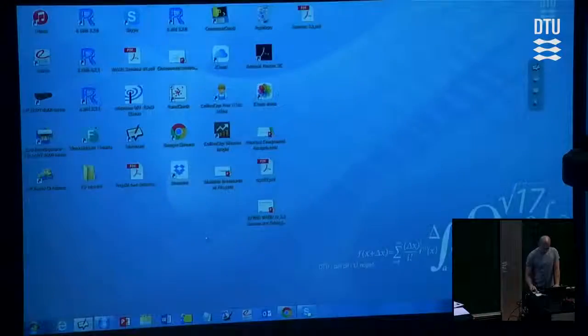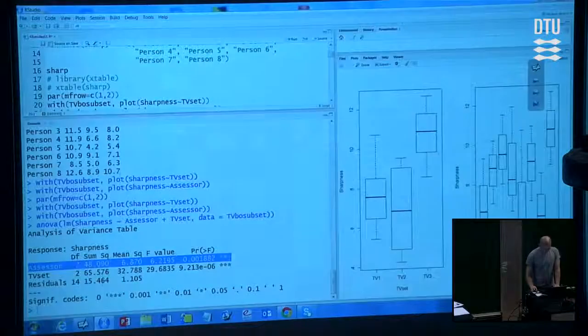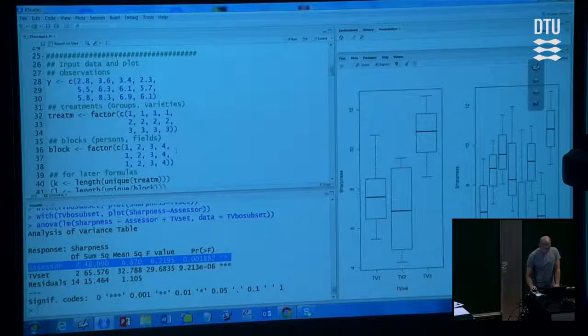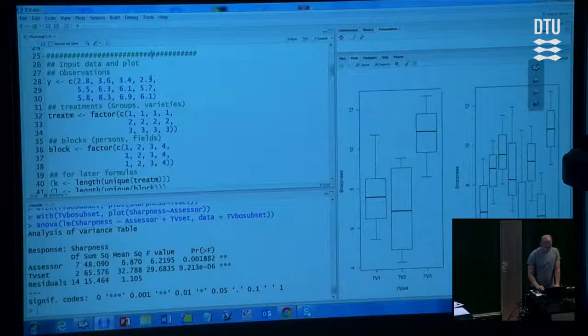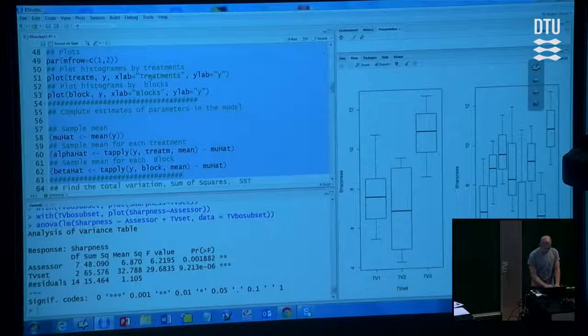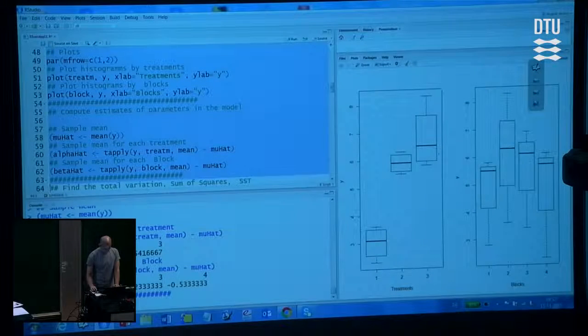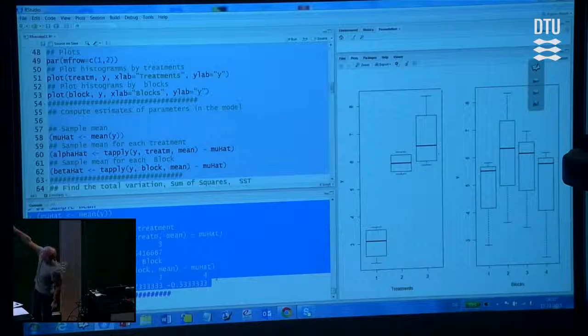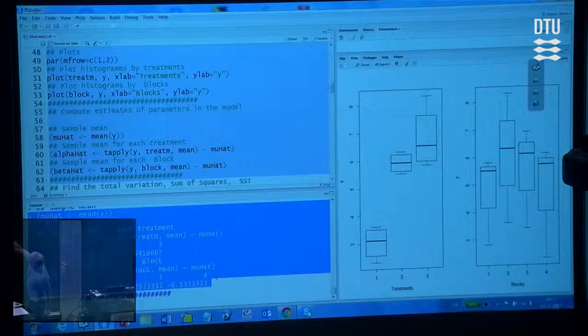Should I do it anyway? Let's do it. Let me just use the toy data. Here they were, right? Overall mean of toy data, 5.23 across all the 12, 3 by 4 data points now.